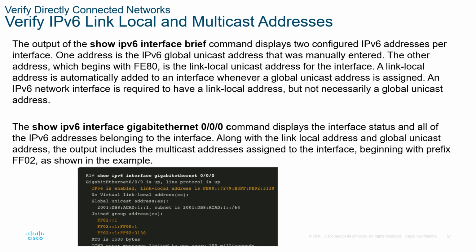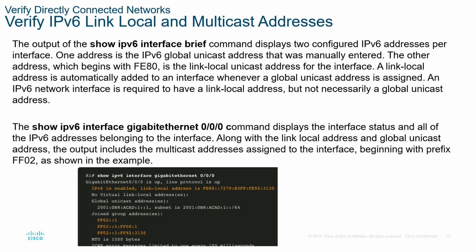If we are looking at verifying individual links, we can actually navigate to the individual interfaces. So instead of doing a show ip interface brief, we would do a show ip interface and the name of the interface. Here we're looking at the IPv6 version of the interface, so show ipv6 interface gigabit 0/0/0. That will show that IPv6 is enabled. It will show the link local address.